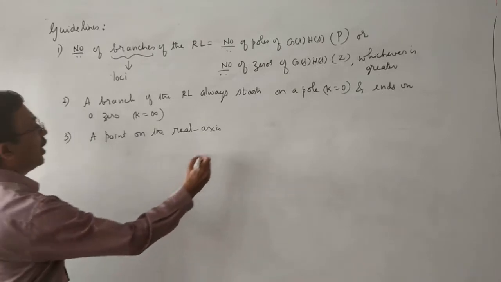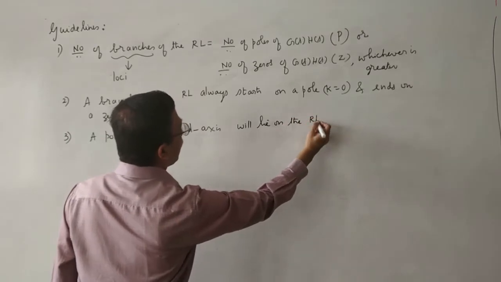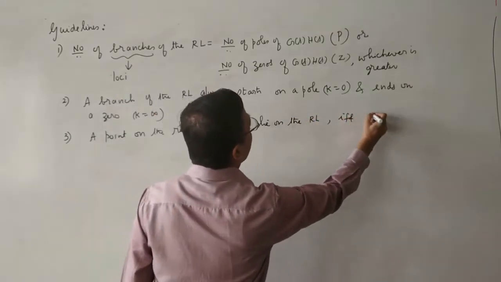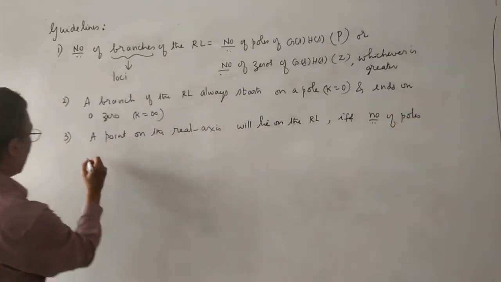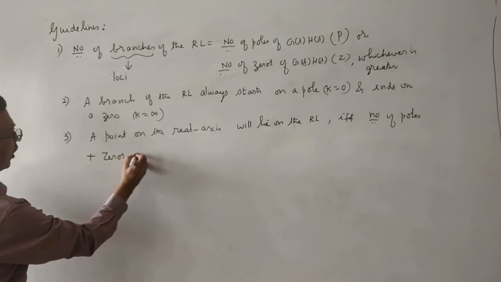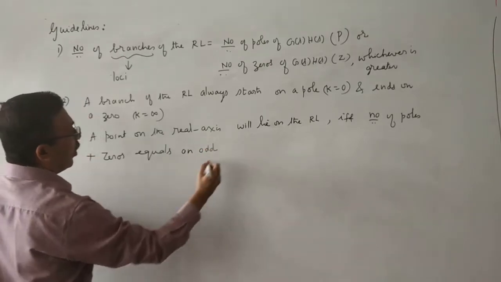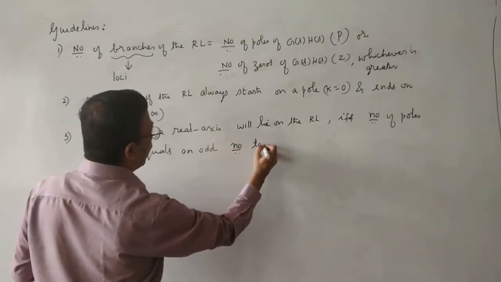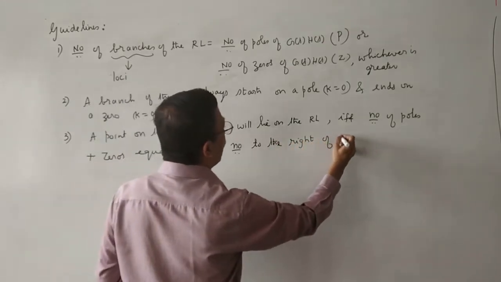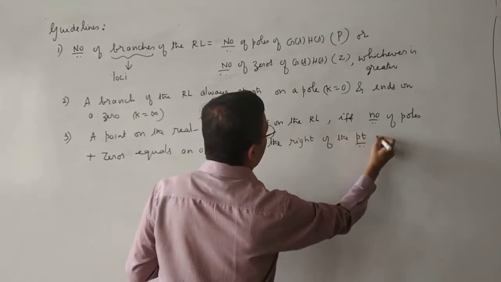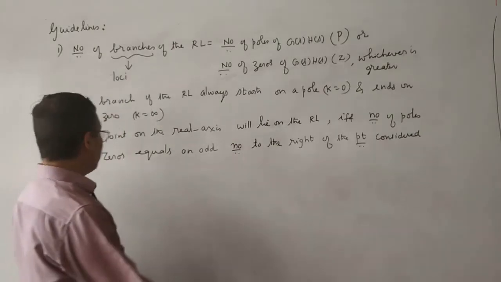A point on the real axis will lie on the root locus if and only if the number of poles plus zeros to the right of the point considered equals an odd number. All these aspects I will explain while doing problems.